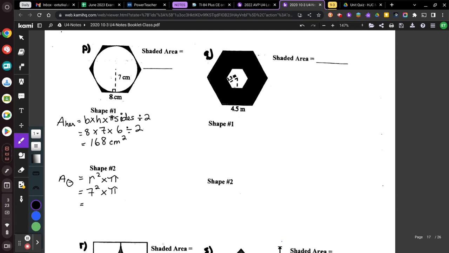And that's going to give us 153.9. And now we want hexagon subtract circle to find the shaded area. So 168 subtract 153.9. And that's going to give us a grand total of 14.1 centimeters squared.